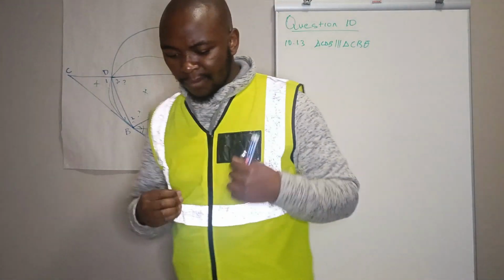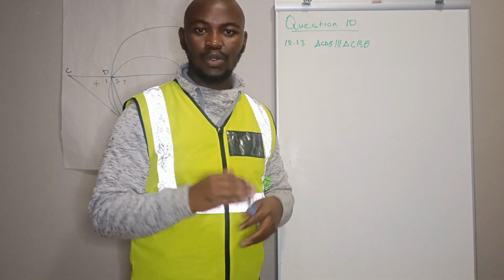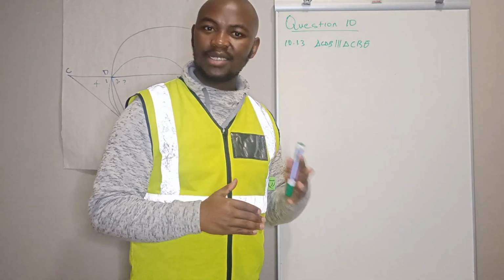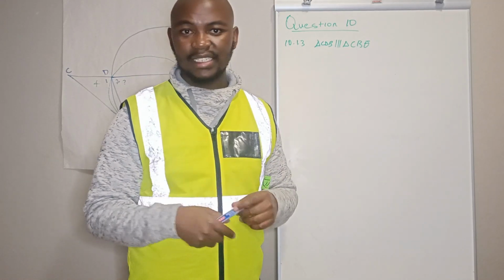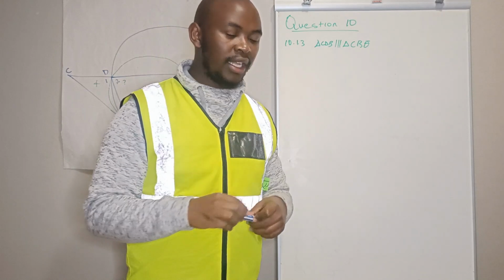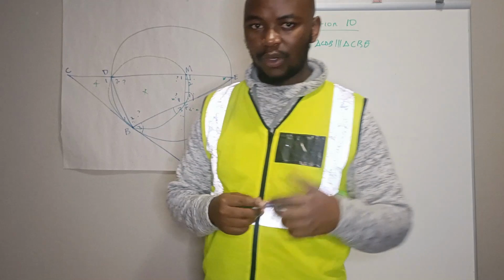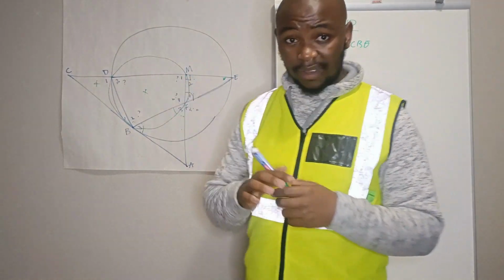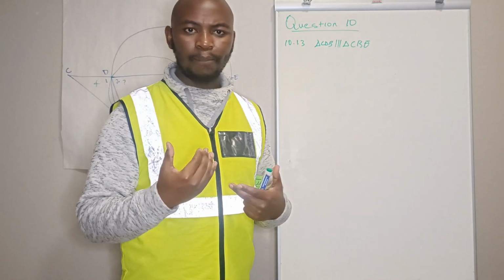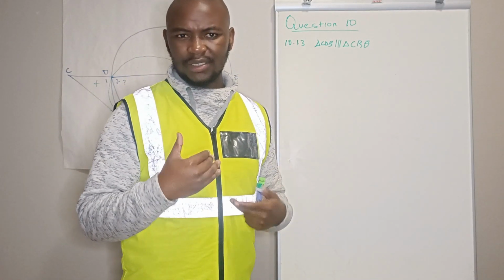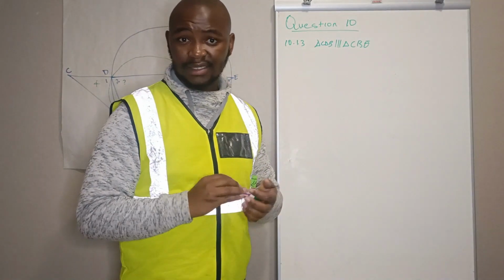I will also attach a link where we went deep into what distinguishes similar triangles, and what we can use to prove that triangles are similar. The same approach we'll use in this question. So first of all, we must outline what theorems or approaches we use to prove that two triangles are similar.